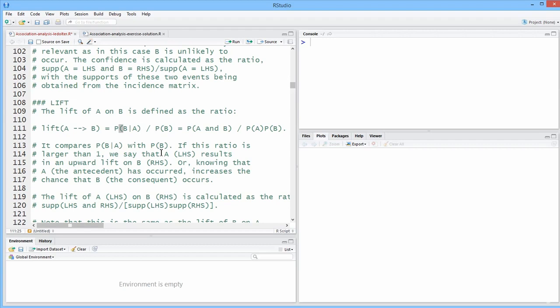So what this says is you want to know what confidence measures.